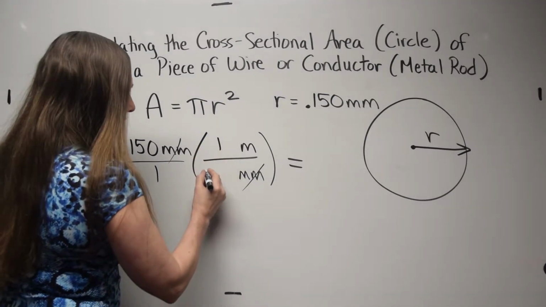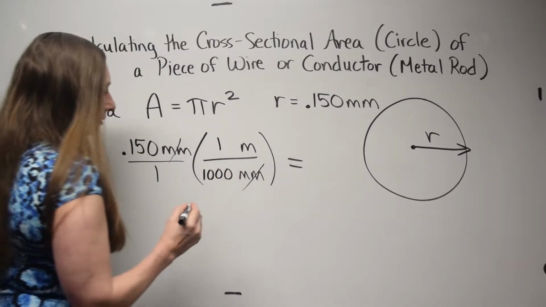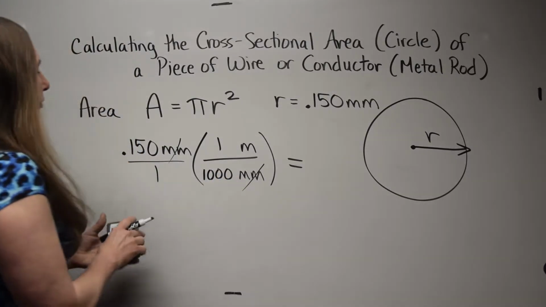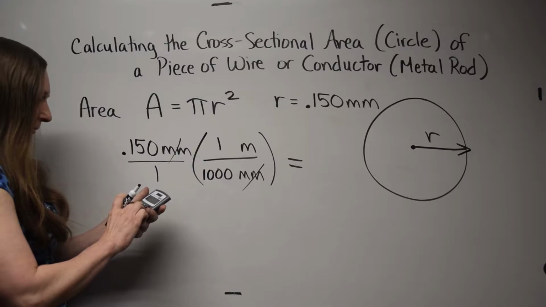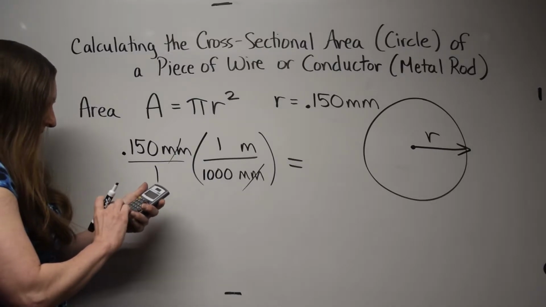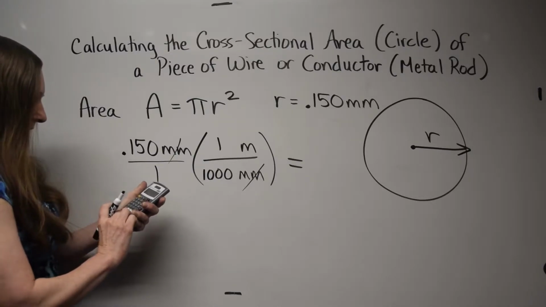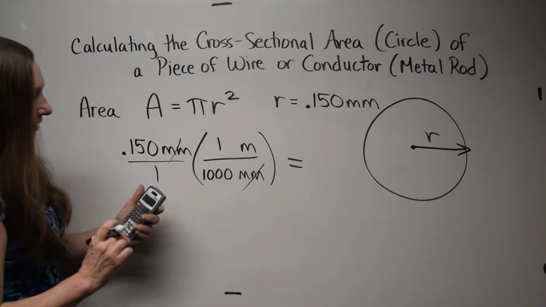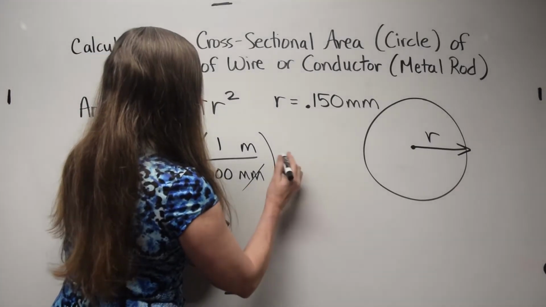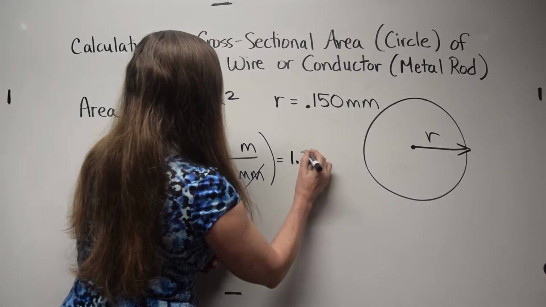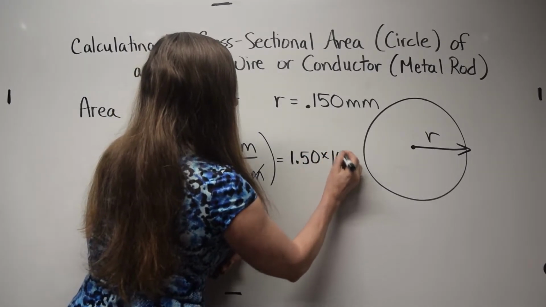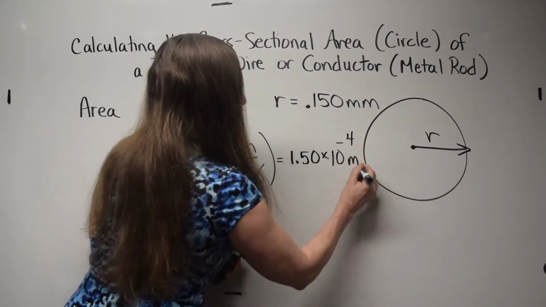So 1 meter equals 1,000 millimeters. Now what you do is 0.15 divided by 1,000, and we're getting 1.50 times 10 to the negative 4 meters.